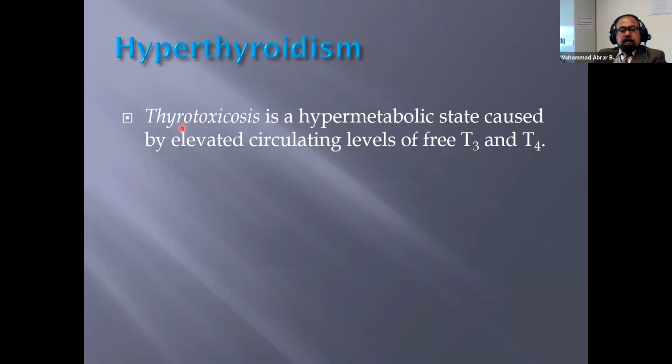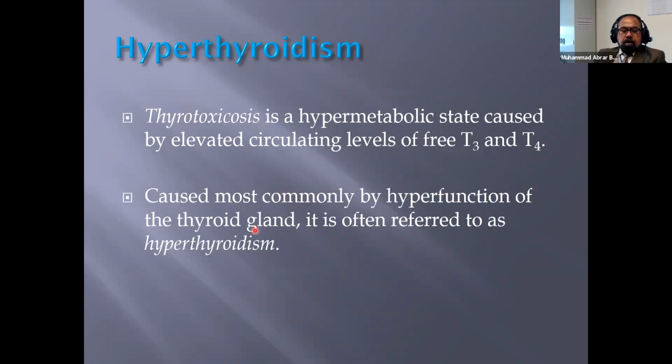Hyperthyroidism means an increase in the thyroid hormone. Thyrotoxicosis is a hypermetabolic state caused by elevated circulating levels of free T3 and T4. So free T3 and T4 levels are high, and as you know, free T3 and free T4 are the active form of thyroid hormone. It is most commonly caused by hyperfunctioning of the thyroid gland.